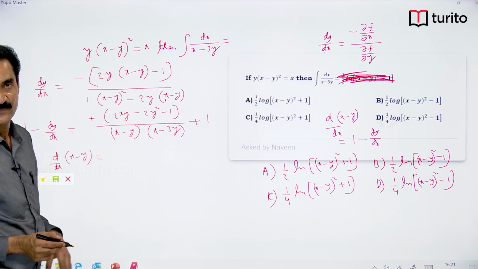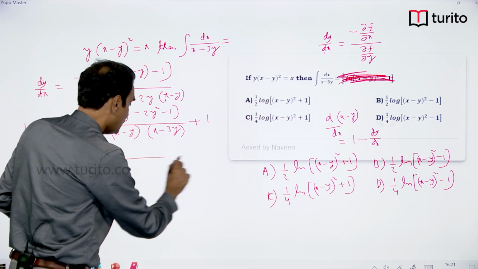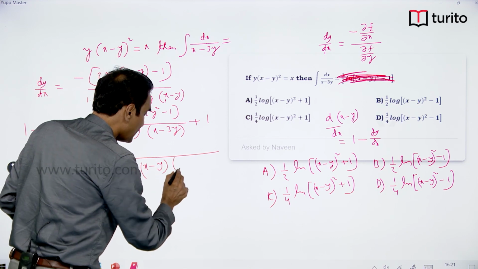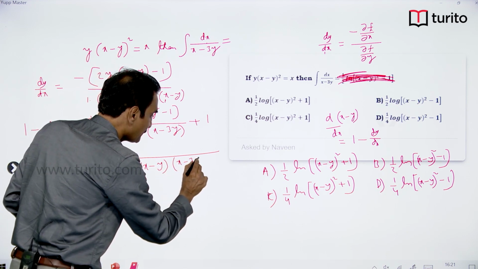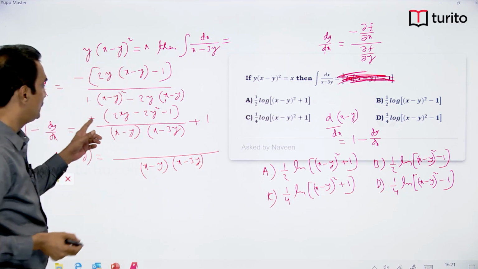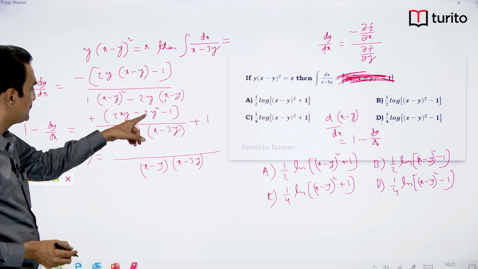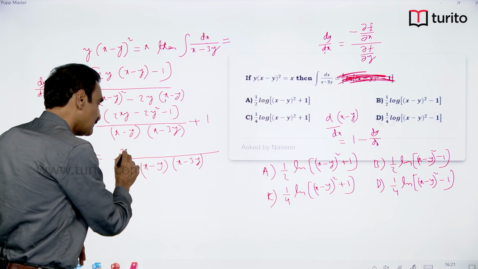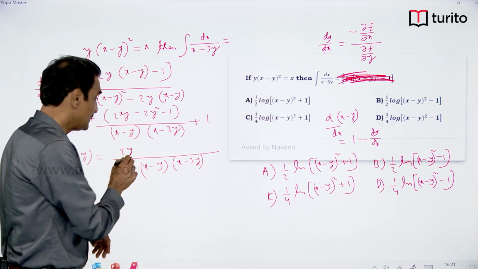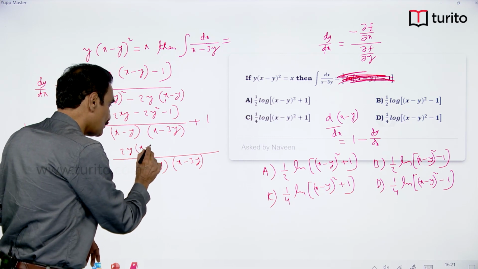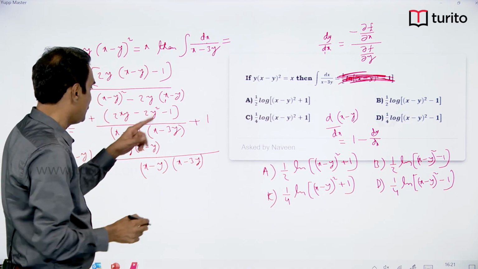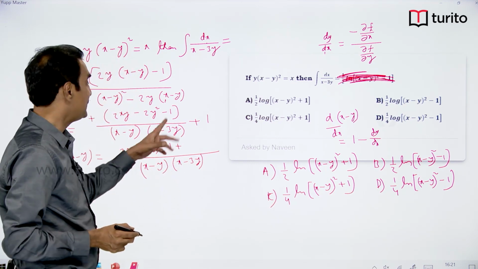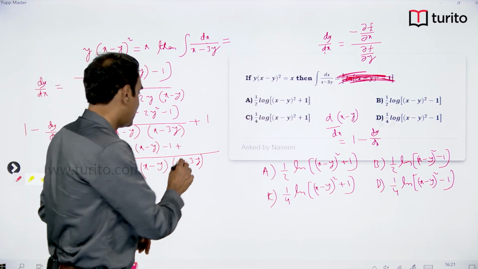take LCM, (x minus y) into (x minus 3y), and the numerator will be, it is better to write this as 2y into (x minus y) only because we want to write everything in x minus y. So, keep that as 2y into (x minus y) minus 1 plus (x minus y) into (x minus 3y).